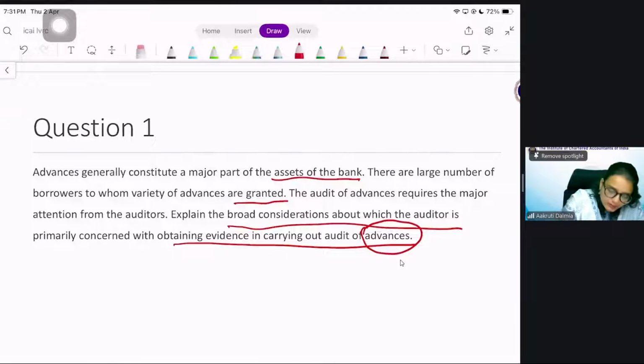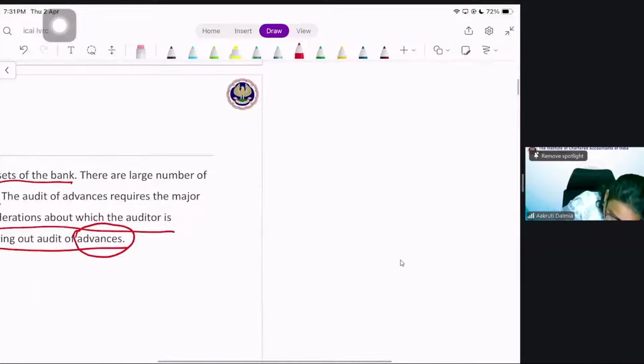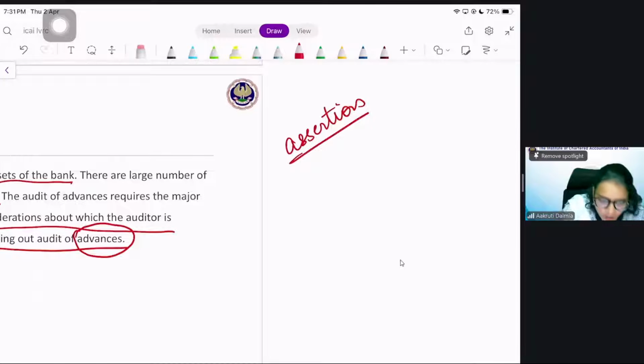Do you remember assertions? How many of you remember assertions? कोई मुझे बताएगा बैलेंस शीट आइटम्स के लिए assertions कौन कौन से होते हैं? What are the assertions for balance sheet items? एक एक करके write down. To check any balance sheet item, which assertions do we check?